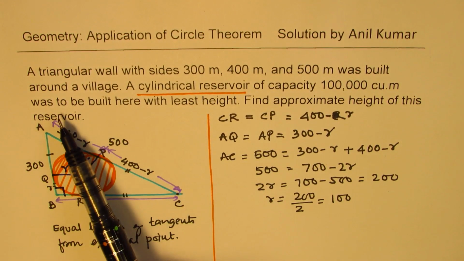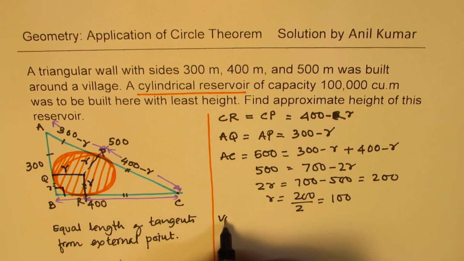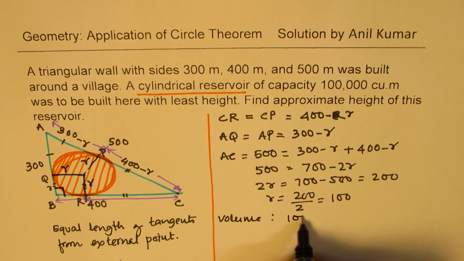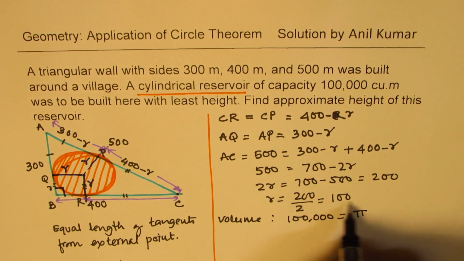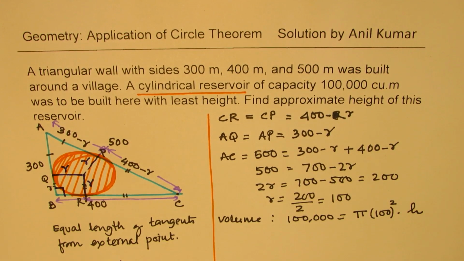Now the volume is given to us as 100,000. Correct? So equate for volume. The volume of a cylinder, the formula is pi r square h. So we can say 100,000 is equal to pi times radius square, which is 100 square, times height. Pi r square h is the volume, right?